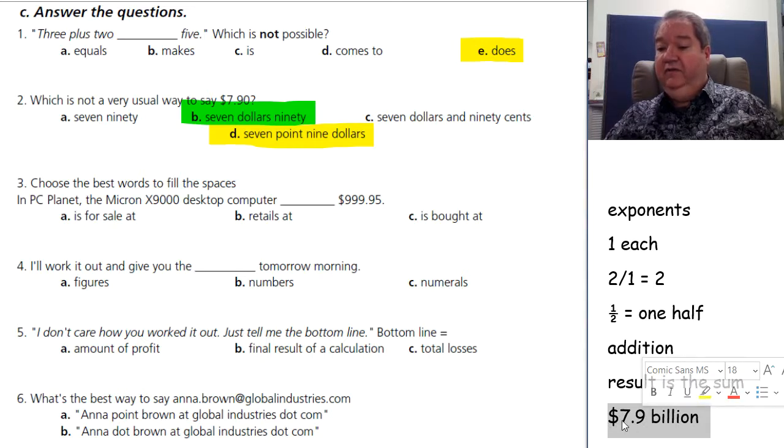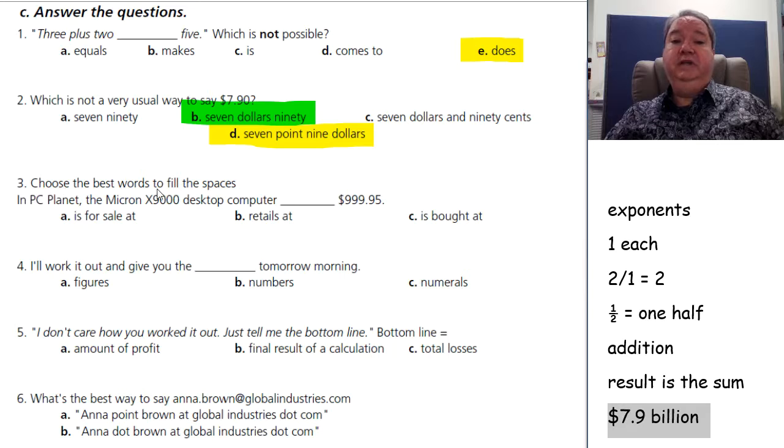So you have to kind of go back and forth here. $7.9 billion. Okay? That would make sense, but we wouldn't do it for 1,000. We wouldn't have $7.9 thousand, but $7.9 million, billion dollars, trillion dollars, that would be okay. Okay? If we're using one of those, million, billion, trillion, quadrillion, then it would make sense.